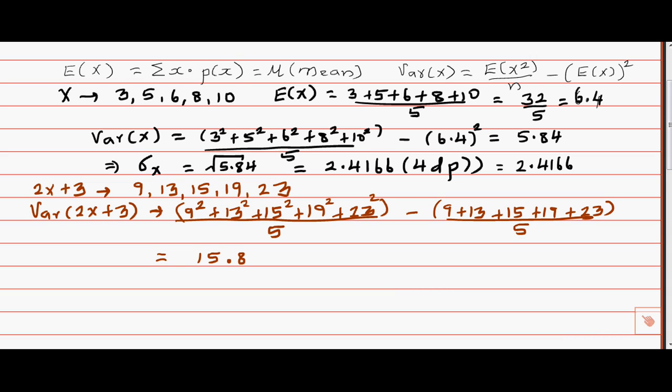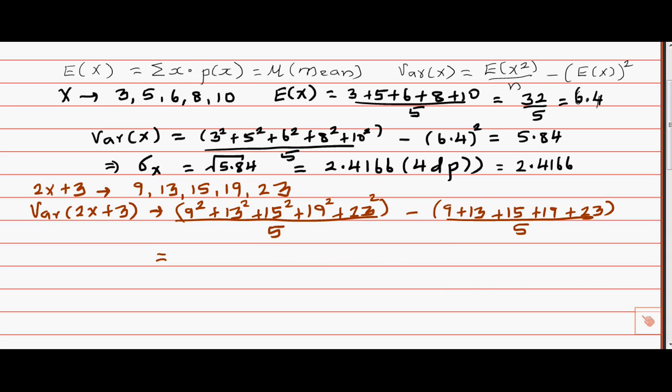So this is the square of the x's divided by 5. I worked this out and we'll confirm it. Sorry, this is a mistake, this is not right. This is the expected value of x.